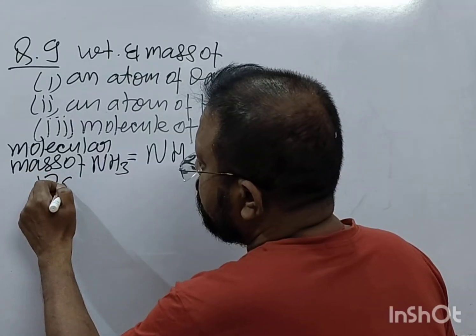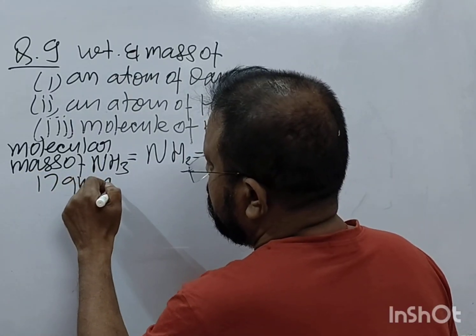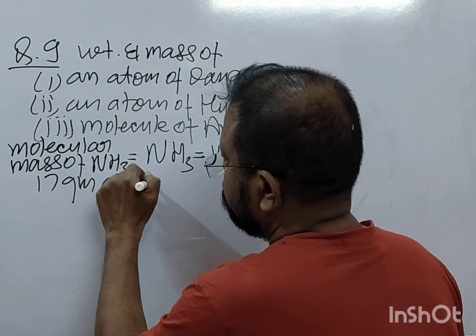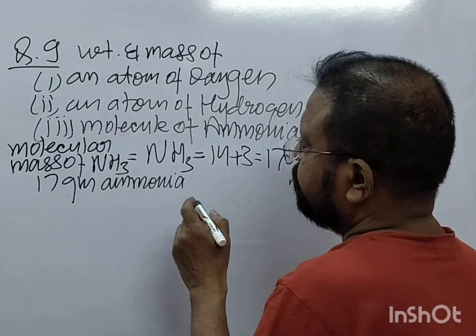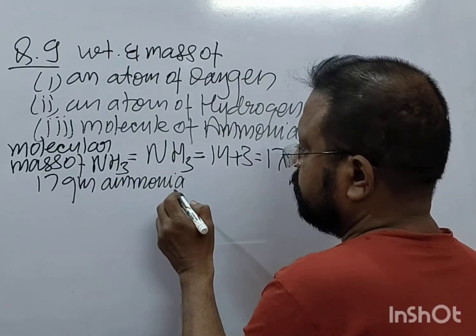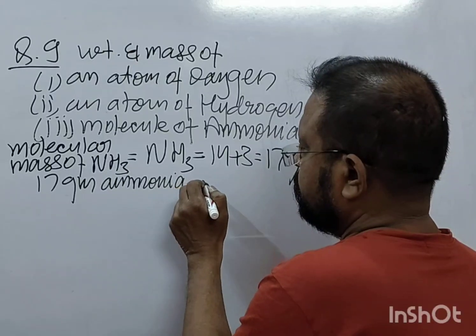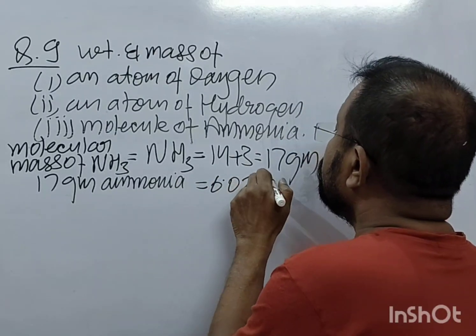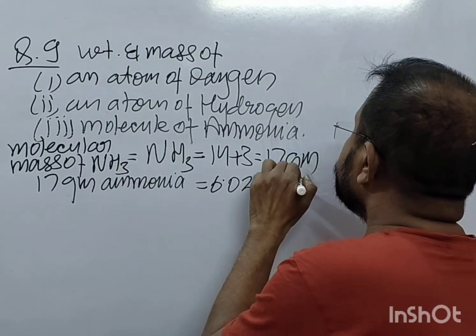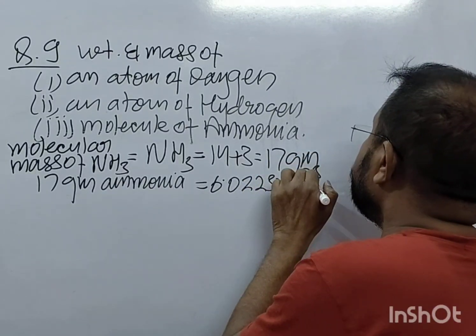So 17 gram ammonia is equal to 6.0223 into 10 raised to the power 23 molecules.